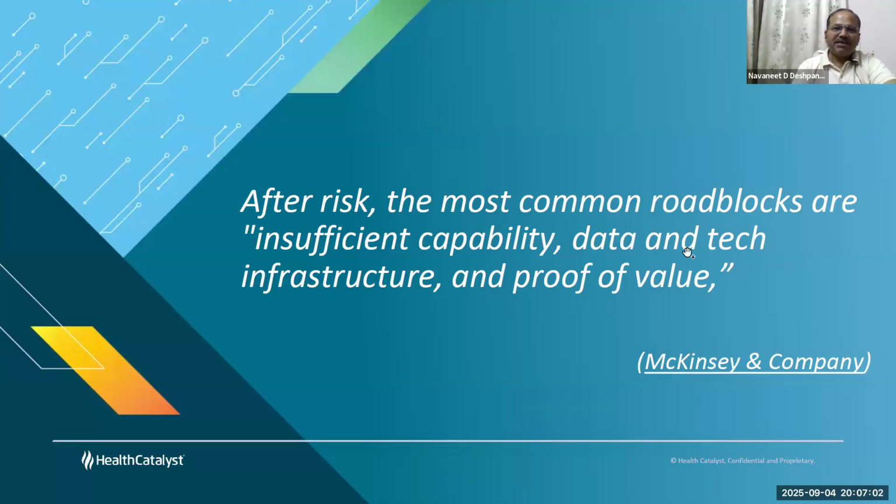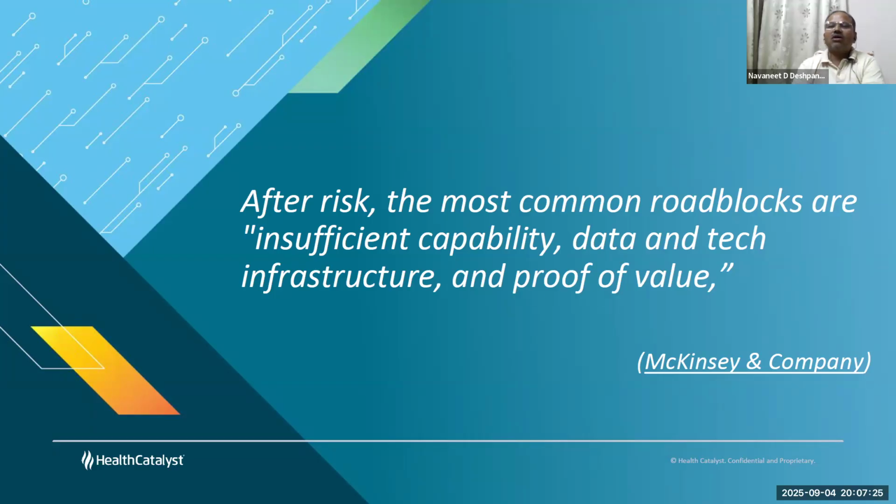So McKinsey and Company came in and said, okay, you have handled that risk so far so good. But after risk, the most common roadblocks are insufficient capability, meaning we don't have people who are capable, insufficient data, insufficient tech infrastructure, and proof of value.